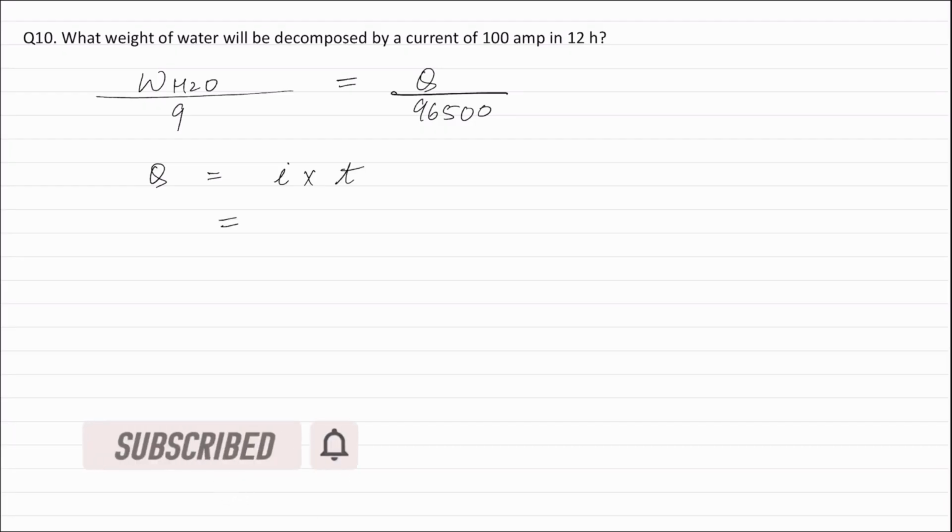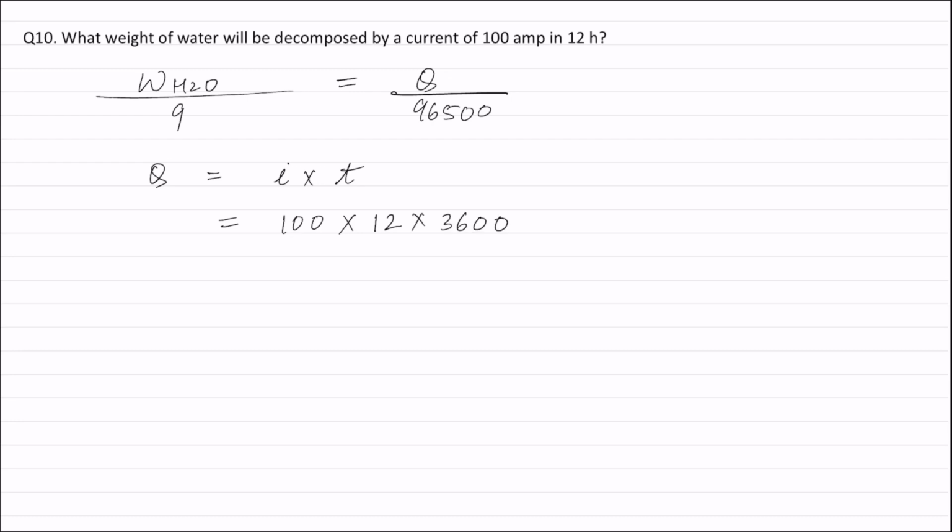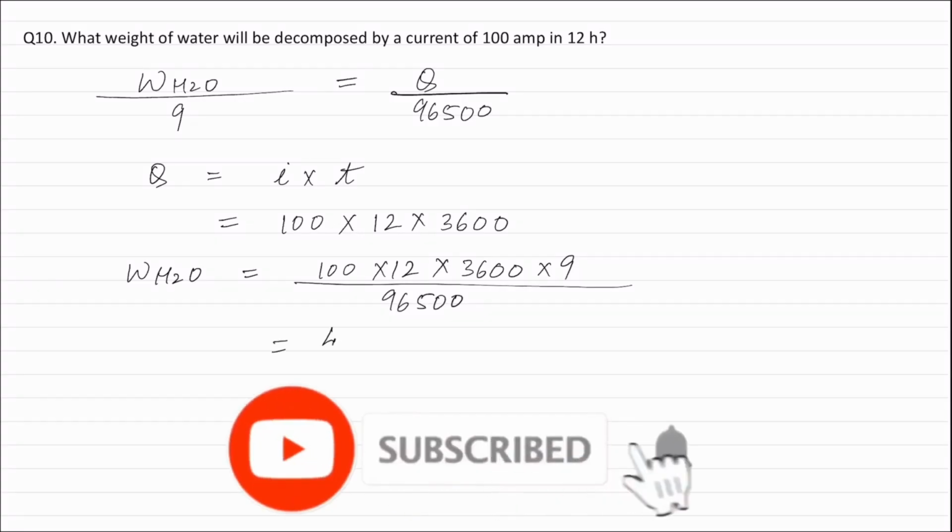The value of current is given in the question as 100 amperes and value of time is given as 12 hours, which is equal to 12 into 3600 seconds. Putting the value of Q in the above equation, we get weight of water equals to 100 into 12 into 3600 into 9 divided by 96500, which is equal to 403 grams.